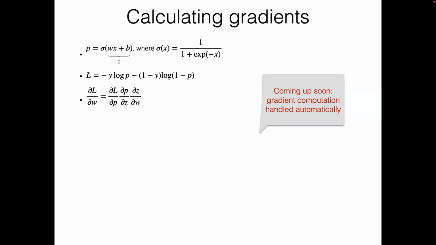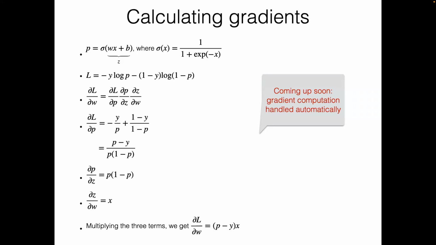So you could decompose it into these three different parts, and now you can go through and compute each one of these parts one by one. So partial L over partial P is this, and these two are this. I won't step through all of these, but you can multiply these together and you get this gradient here.